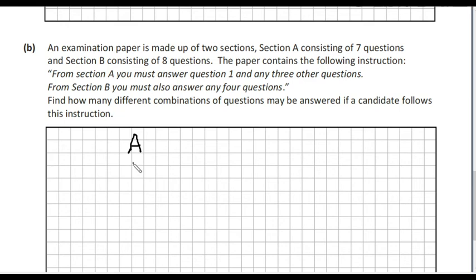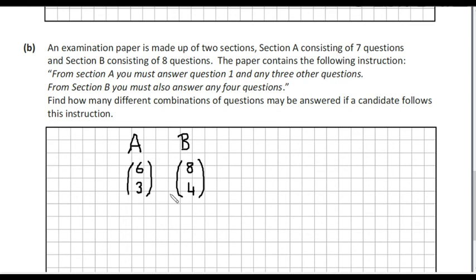So the number of ways that can be done is going to be what we call 6 choose 3, or 6C3, written like that. That's one way of writing it. And then from section B, we can pick any 4 questions, and there's 8 questions in section B, so the number of ways we can select 4 from section B is going to be 8 choose 4.